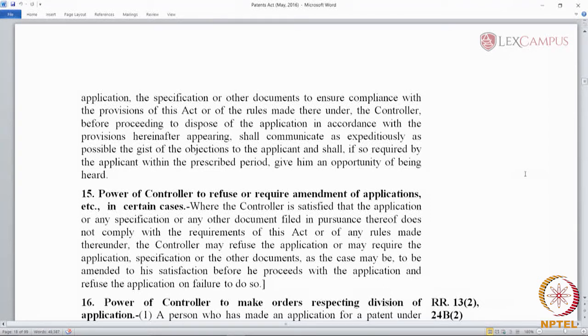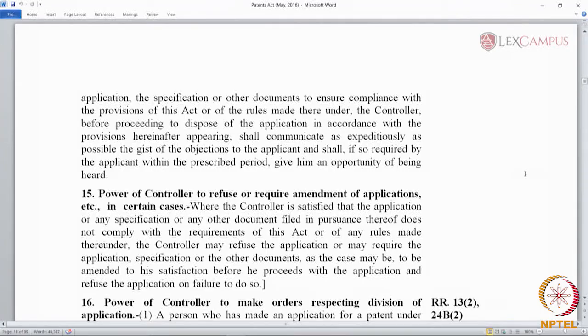Section 14 is normally used by the controllers to give the applicant a hearing. So, when an applicant receives a section 14 notice, most likely the notice will say what the objections are that the applicant needs to get over, or what the adverse observations given by the examiner are.